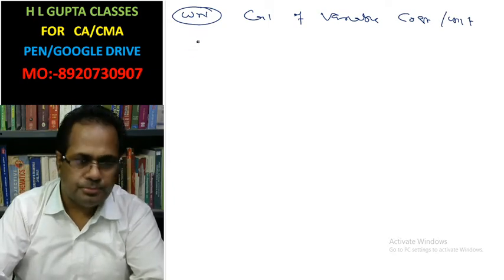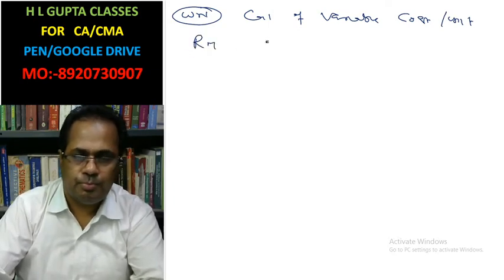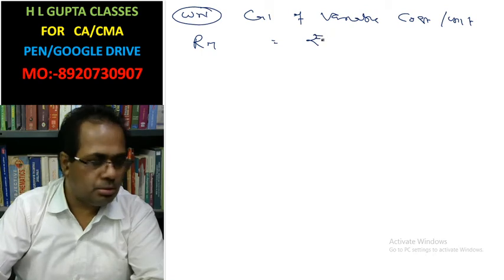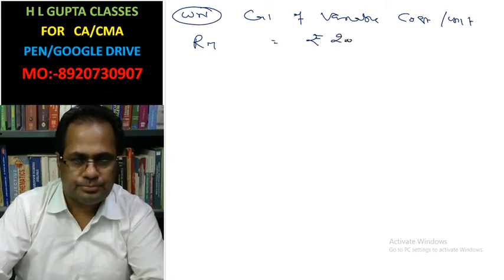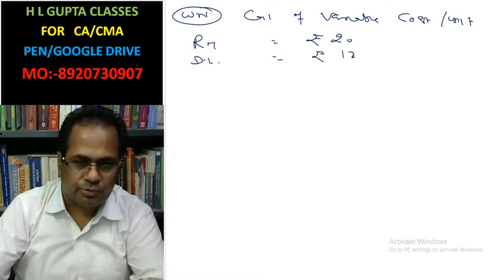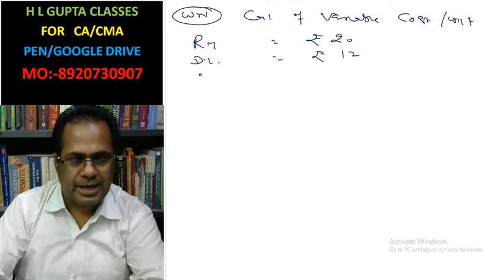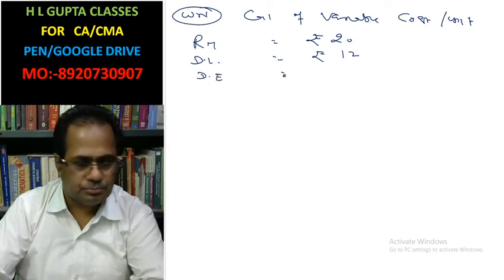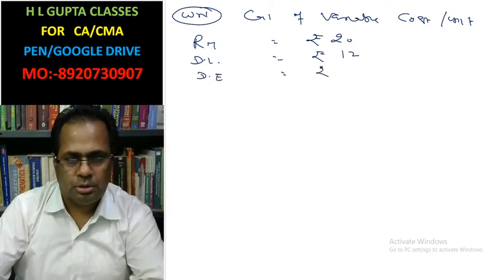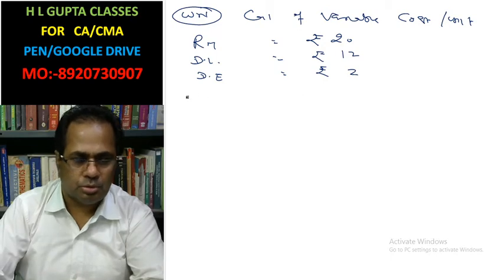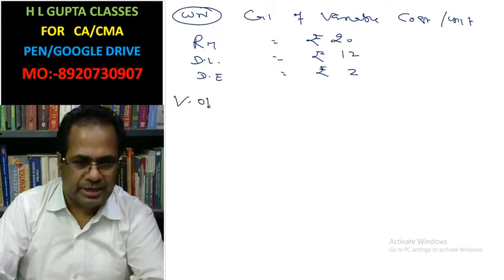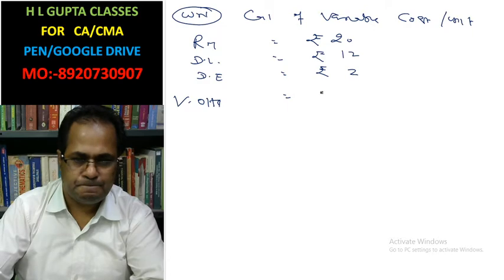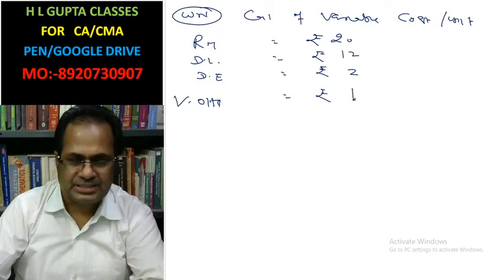Raw material rupees 20, direct labor rupees 12, direct expenses rupees 2, variable overheads rupees 16.